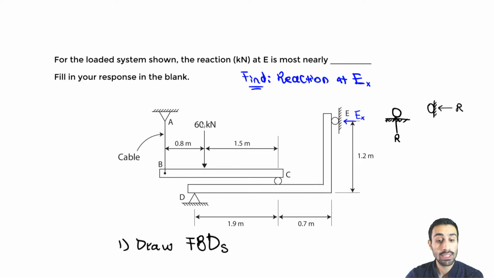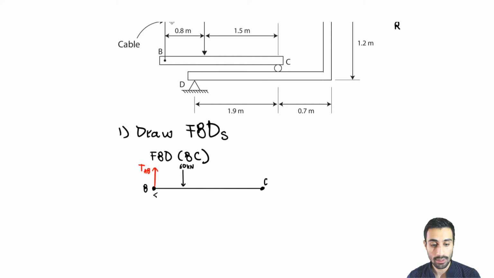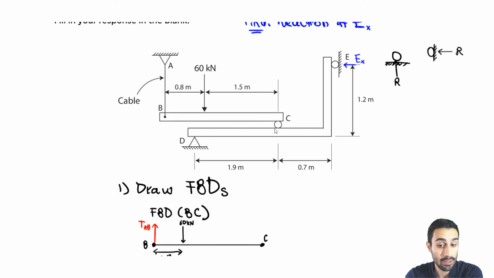Then we have the 60 kilonewtons. Let's draw that. It's going to be the external load that we're given. 60 kilonewtons. And we know the distance here. Let me label this in the free body diagram. It's going to be 0.8 meter. So now let's keep going. Next, we know that at C we have something going on. We have a roller. For beam BC, we're focused just on that.